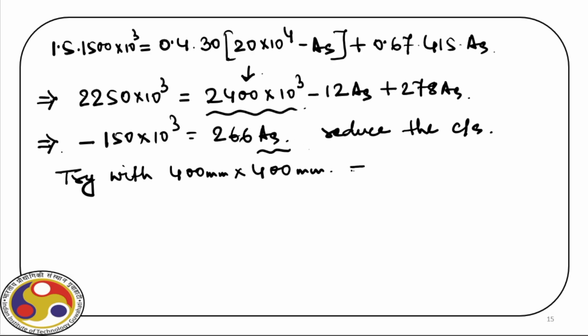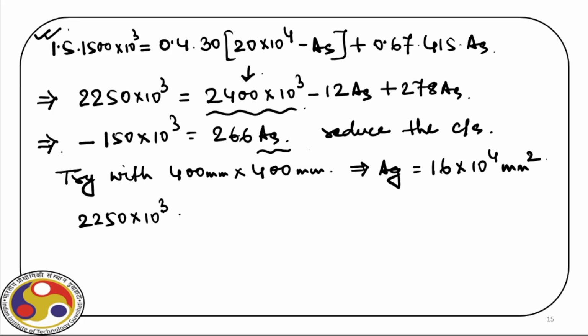Now for this section, we have AG is equal to 16 into 10 to the power 4 millimeter square. So now if we rewrite this expression, 2250 into 10 to the power 3 is equal to 12 into 16 times 10 to the power 4 minus AS plus 278 AS.